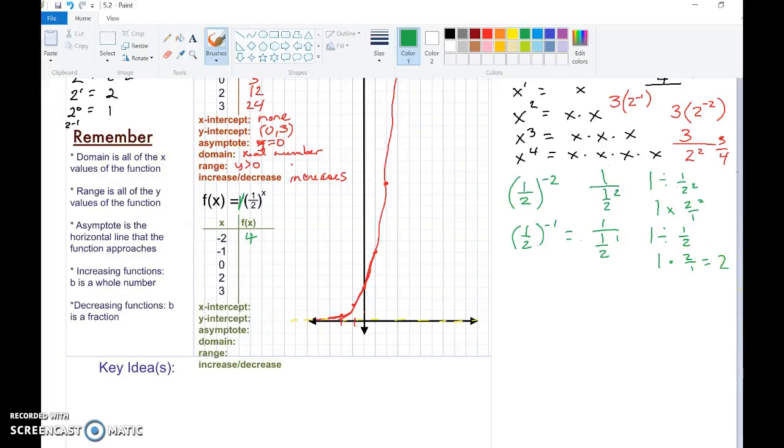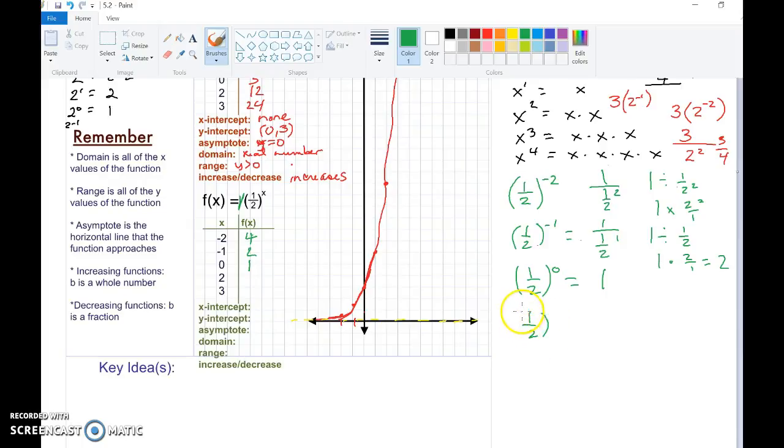All right? And then we have 1/2 to the 0 power, and any number to the 0 power is not 0. I know that that's what everyone wants to say, but it's not. Any number to the 0 power is what? 1. Okay? And then we have 1/2 to the second power.